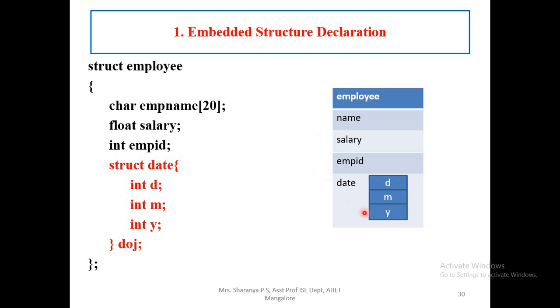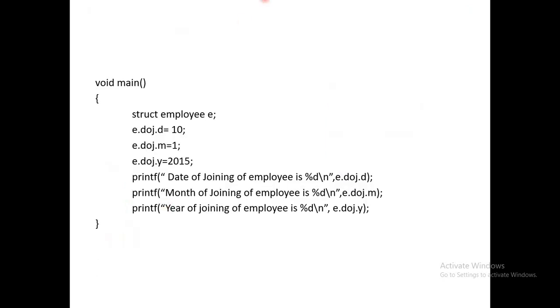If we look into the layout, name, salary and employee ID are the structure members of employee, and date is one more structure that we have created inside the employee structure. If we want to access these values, how can we do it? We have created struct employee E, where E is a structure variable.